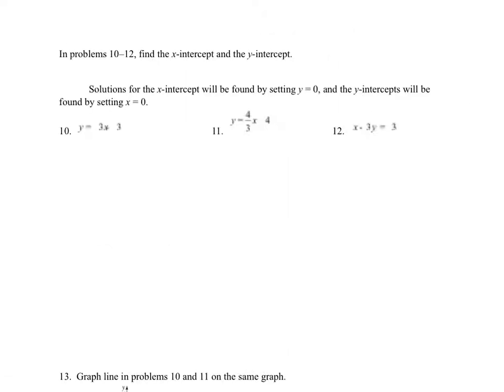So in problems 10 through 12, we're supposed to find the x-intercept and the y-intercept. Intercept simply means that's where it's crossing an axis. If I'm looking for the point on the x-axis where this line would be graphed, it tells me the y value would have to be 0.